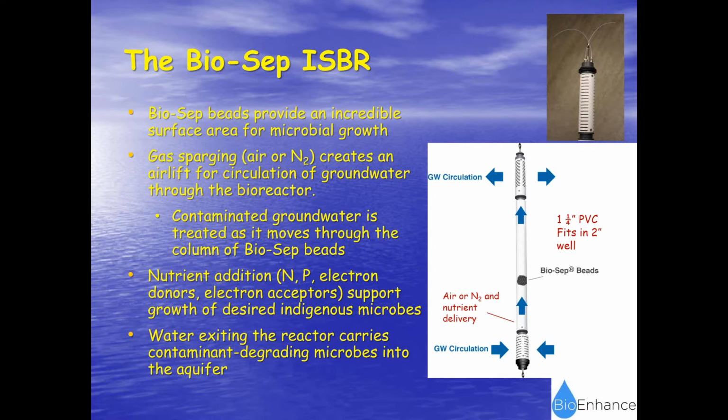At that point, growth does not stop, but continues. We've shown this many times in laboratory bioreactor systems. And as that growth continues, new degraders that you've grown up inside the ISBR are released from the Bio-Sep beads and carried out of the in situ bioreactor and released into the wellbore area.